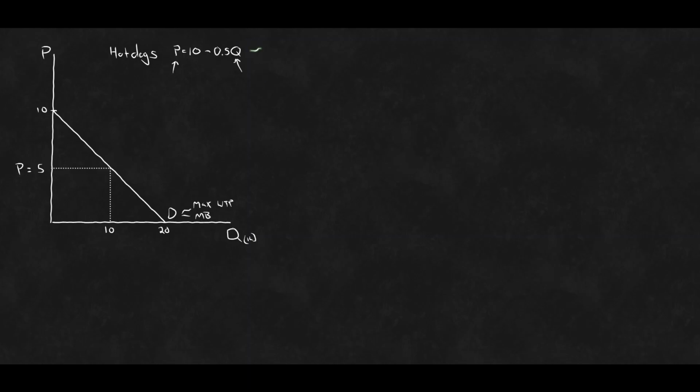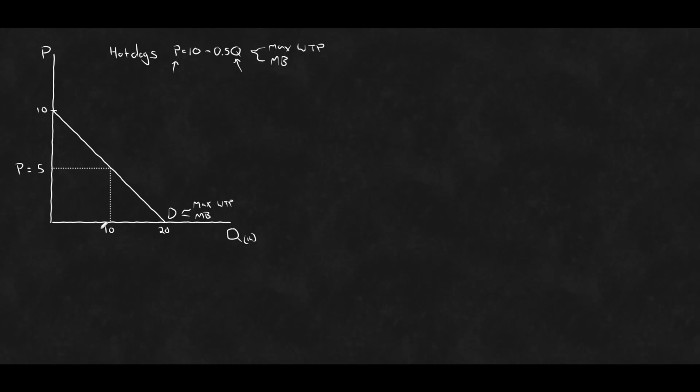This is truthfully the expression of our maximum willingness to pay, saying what is the highest price I would pay for some quantity. Or the other way we could think about it would be our marginal benefit. What is the extra benefit that I receive from consuming my 10th hot dog?